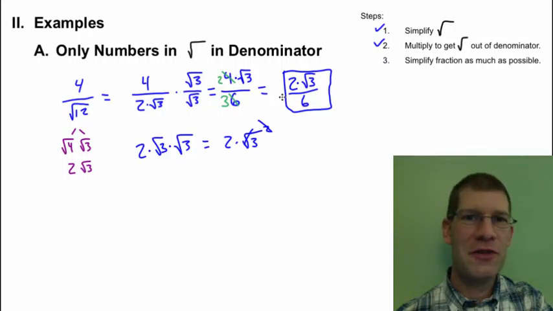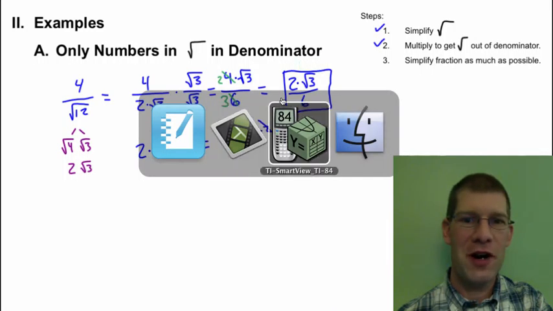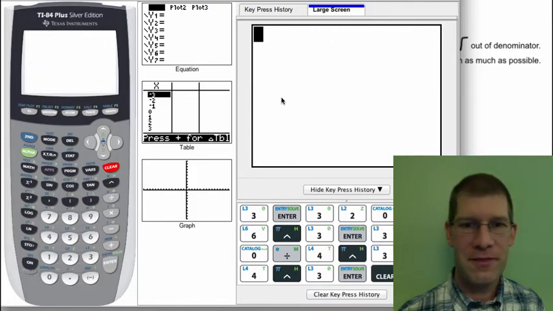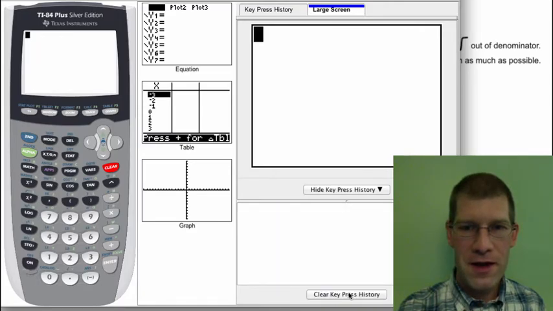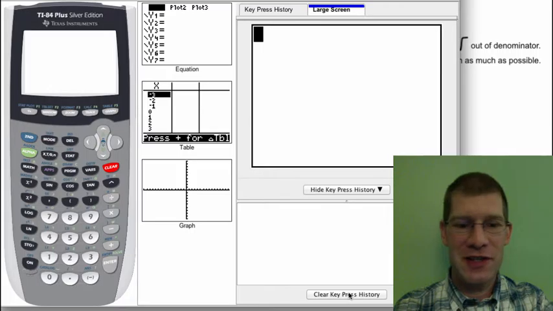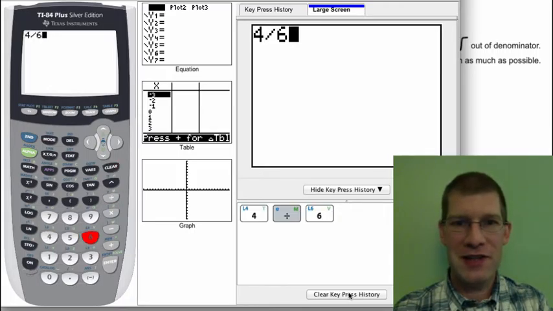If you really stink at reducing fractions, or if the numbers are quite a bit harder, what you could do is pull up a graphing calculator, and I'll get rid of my key press history too. You could do that same thing. So if you have 4 divided by 6, you could do 4 divided by 6.